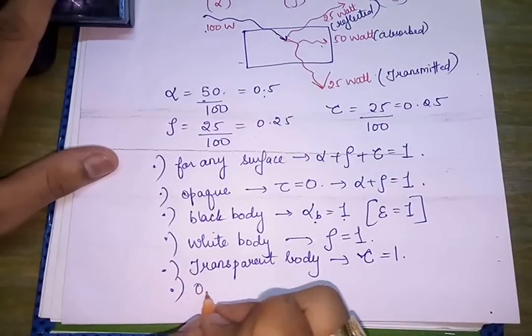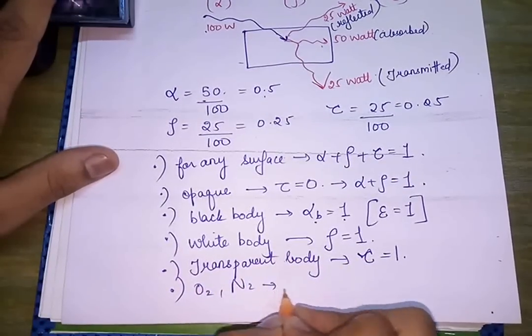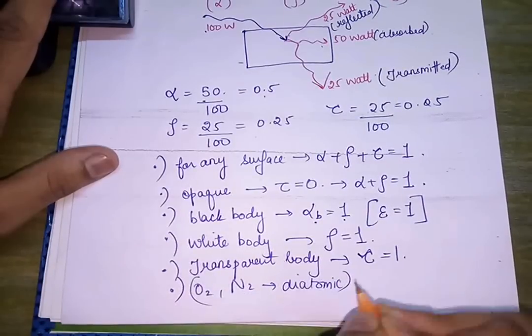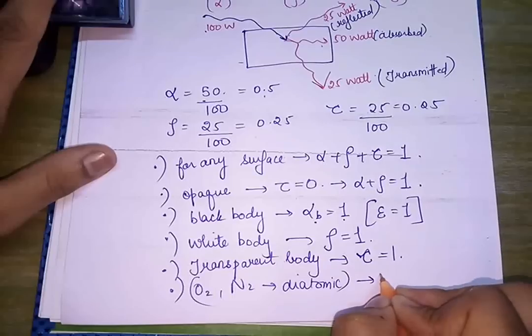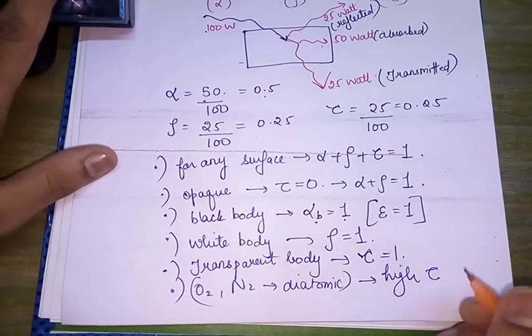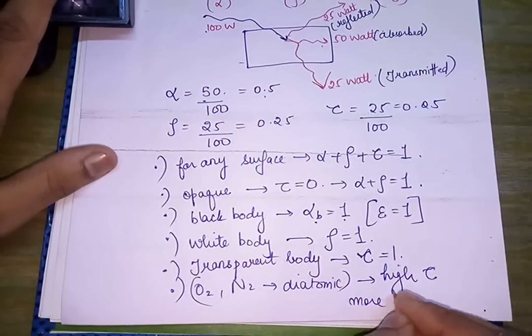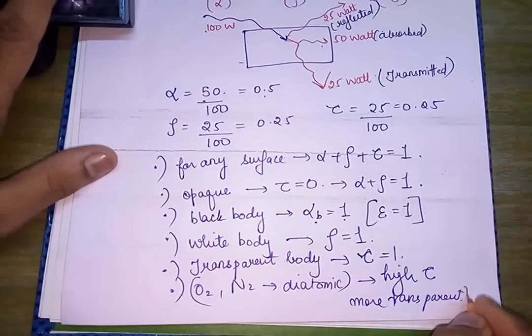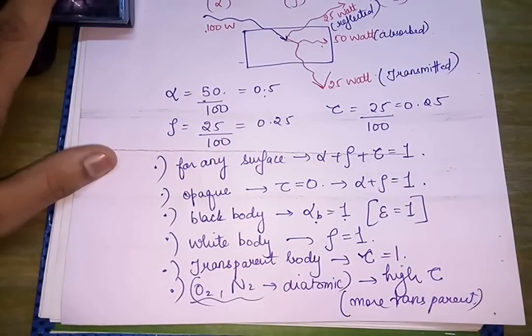Gases like O2 and N2, which are diatomic gases, have high transmissivity, a high value of tau, so they are more transparent types of gases.